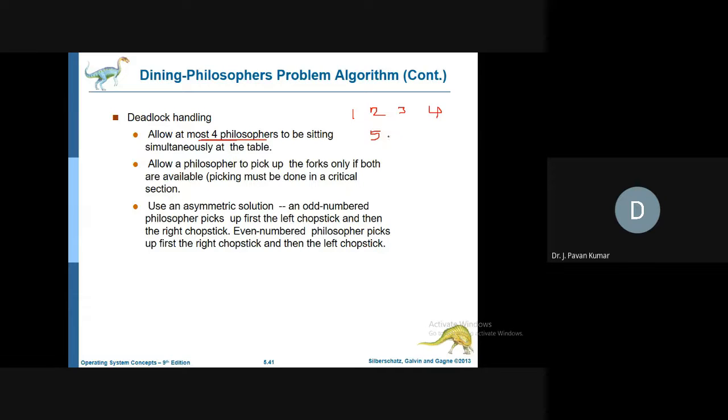After that, we will be left with five chopsticks and three philosophers. So another philosopher could eat. Again, we will be getting five chopsticks and two philosophers. One of these could complete eating. Like that, if you allow only four philosophers to sit at the table with five chopsticks, then at least one philosopher could get two chopsticks.